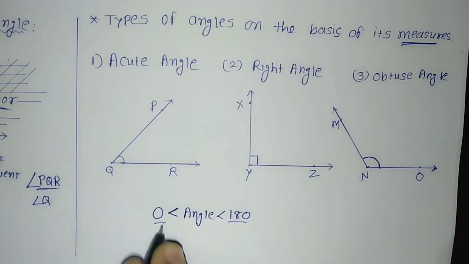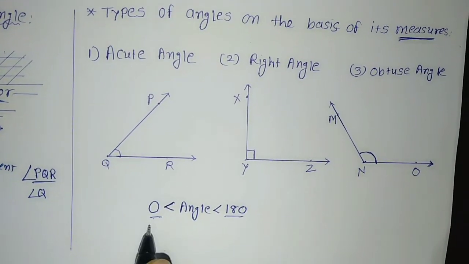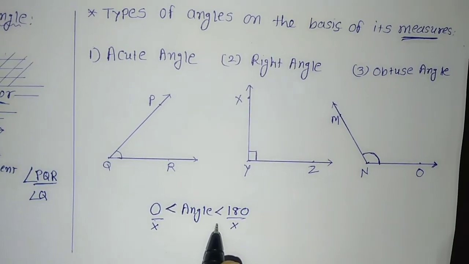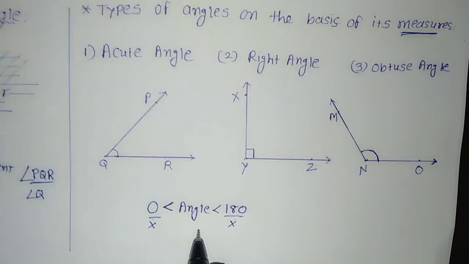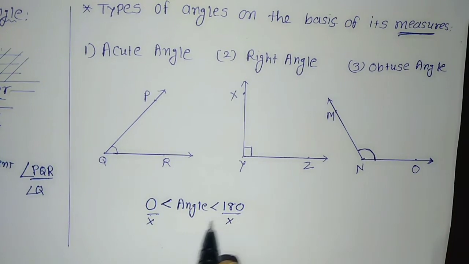Always remember that the measure of the angle is between 0 and 180. It cannot be 0, it cannot be 180, it can be in between.